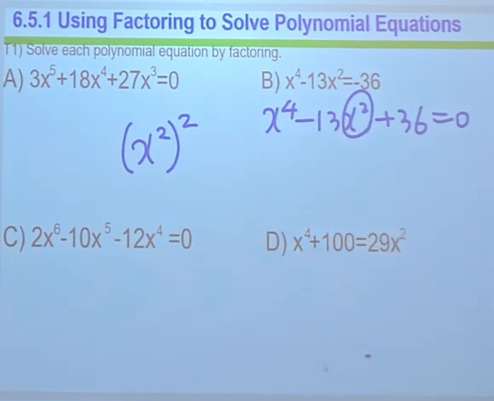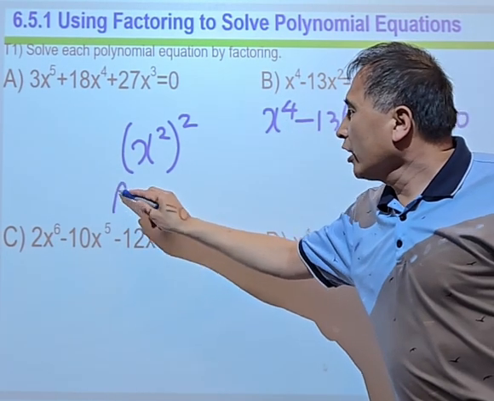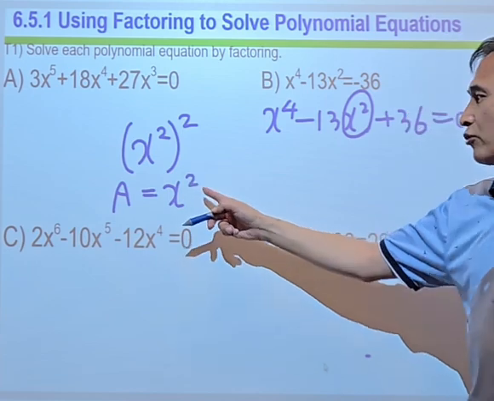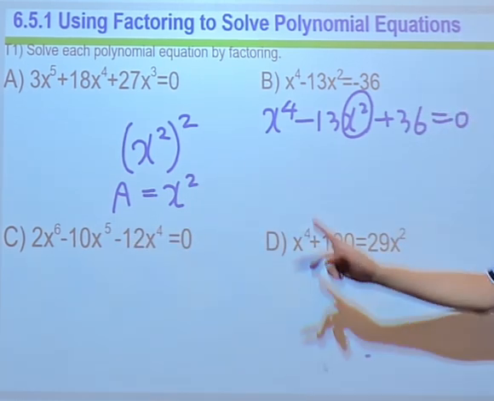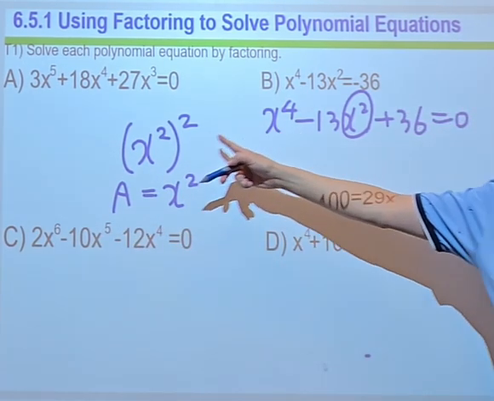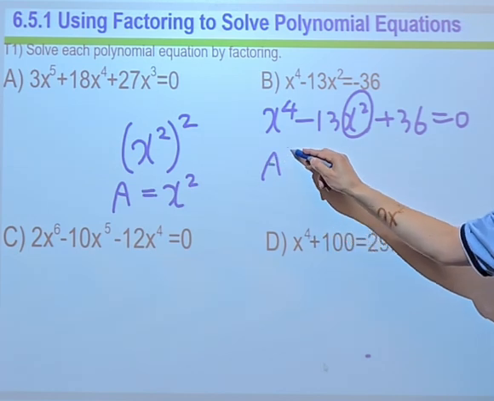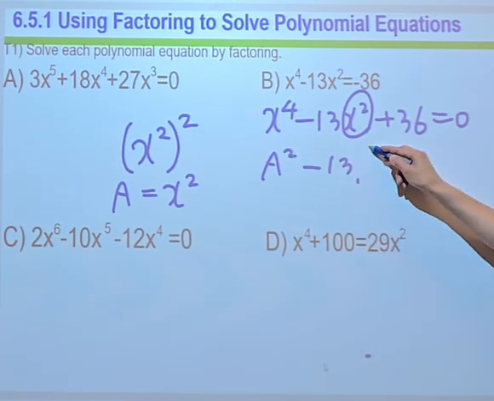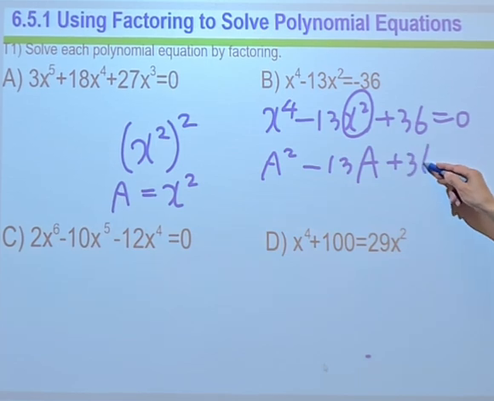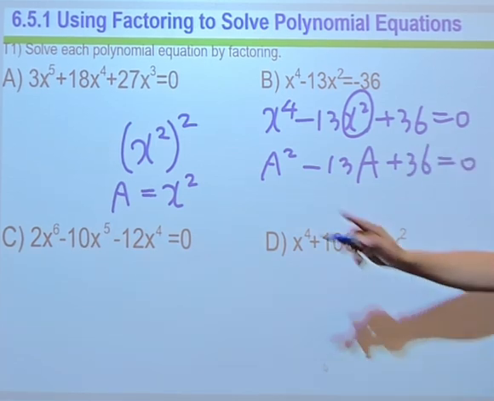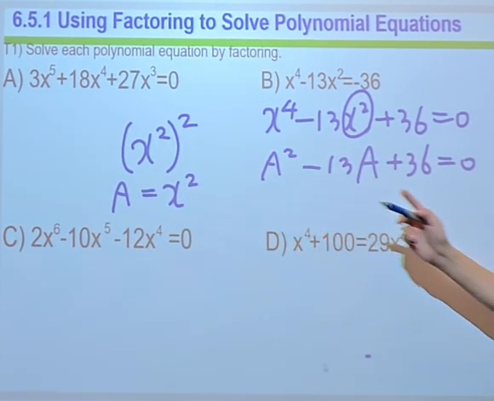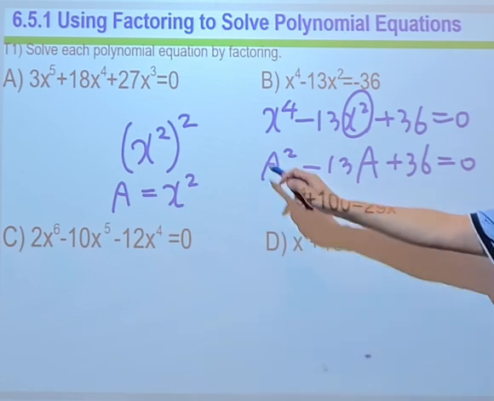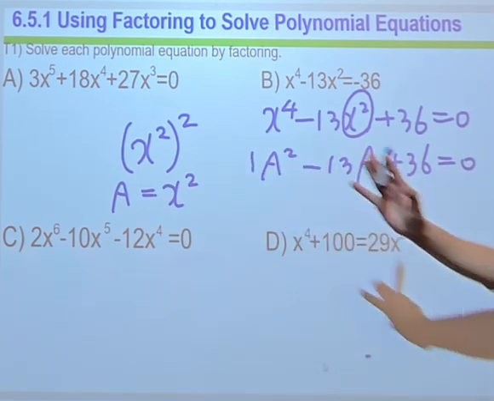I'm going to name x squared as a. Then x to the 4th power is a squared. So I can change it to a squared minus 13a plus 36 equals 0. Wow, now it's a quadratic trinomial with leading coefficient 1. Then we just practice.